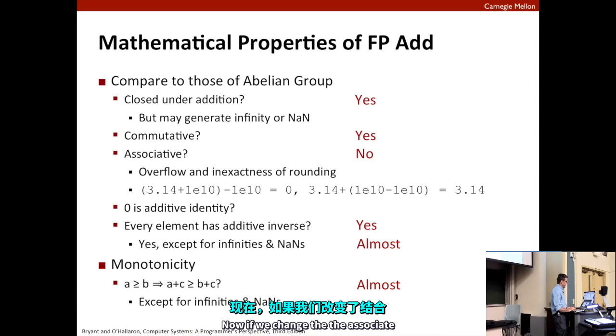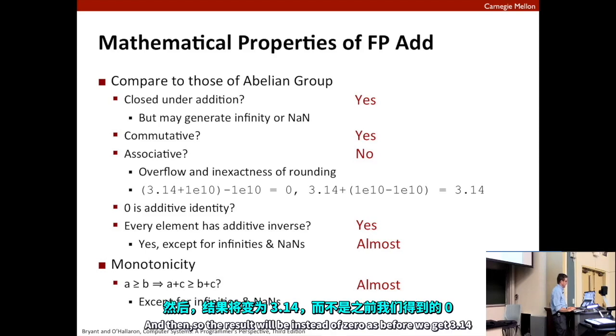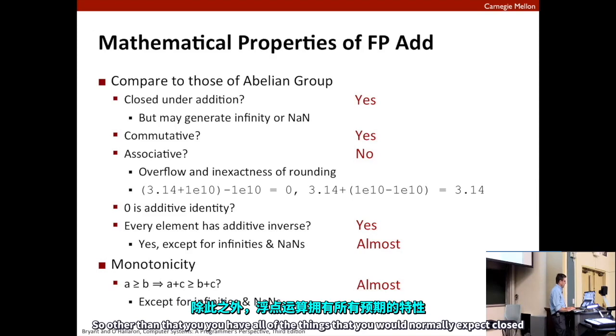Now, if we change the association, if we take this big number and subtract it from itself, we get 0, and then the result will be, instead of 0 as before, 3.14. Other than that, you have all of the things that you would normally expect.